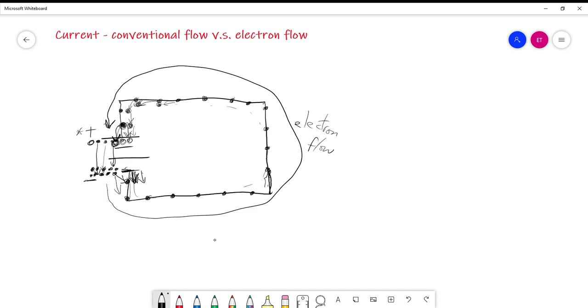Do you see that the positive charge here is moving? It was here, then it was here, then it was here. Now it's here. Soon it'll be here, and so on. So this is a real thing, and positive charge flows in this direction, and we know that as conventional flow.